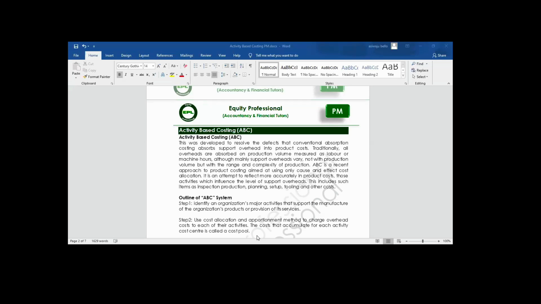The single factor could be direct labor hours or machine hours.